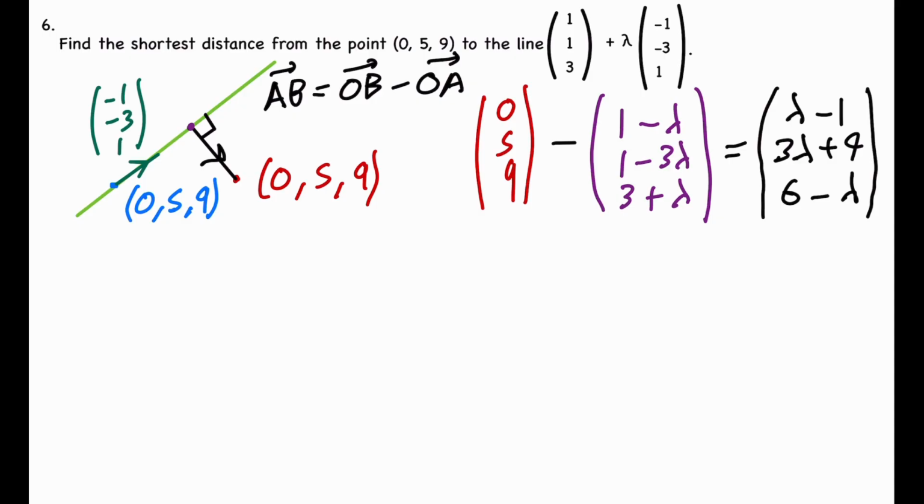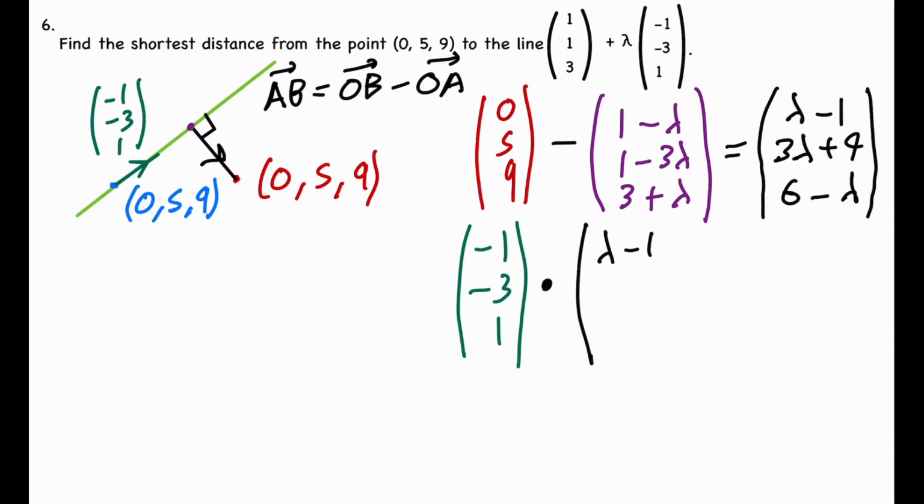So if we apply the dot product to these two, we'll have (-1, -3, 1) dotted with (lambda minus 1, 3 lambda plus 4, 6 minus lambda).